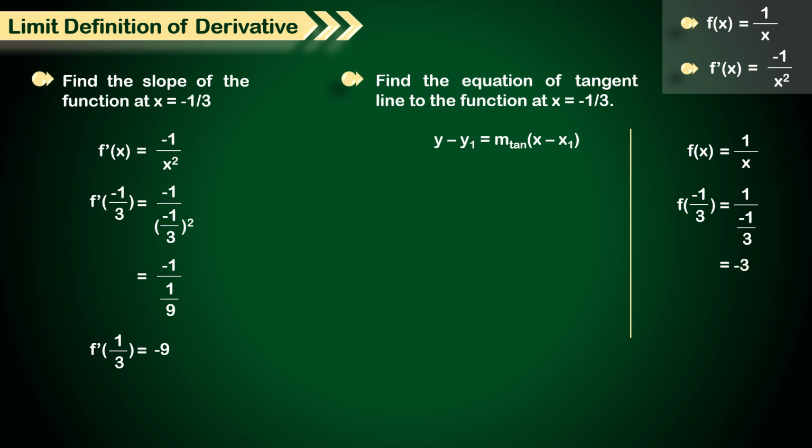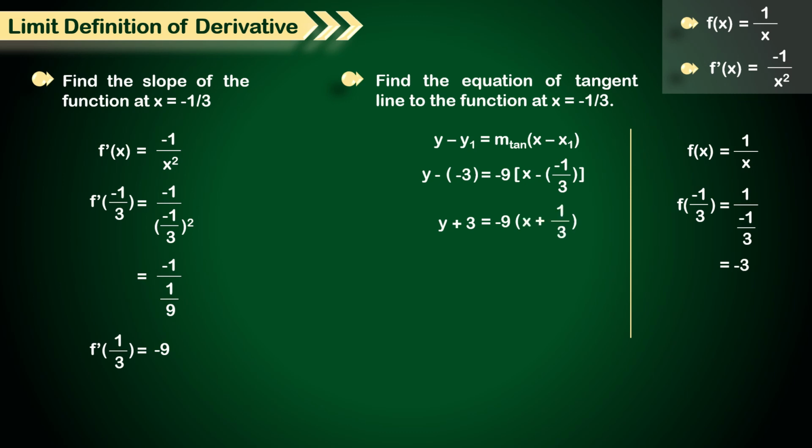Substitute all values in point-slope form. y minus the y-coordinate, which is -3, is equal to the slope, which is -9, multiplied by x minus the x-coordinate, which is -1/3. Simplify. We have y + 3 = -9 multiplied by (x + 1/3).